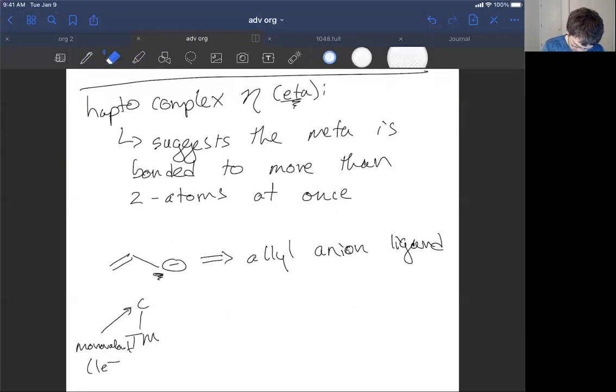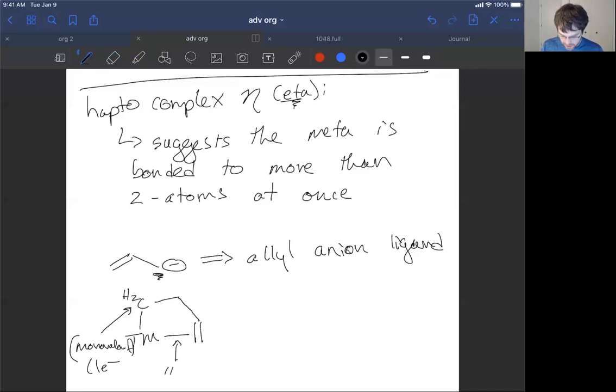And then what we can do is have a pi complex to the double bond. So then we have a CH2 connecting those two, right? Okay, so I'm going to put a CH2 up here. We have a monovalent ligand from the carbon atom with a negative charge, and then we have a pi complex. And pi complexes, these have 2 electrons.